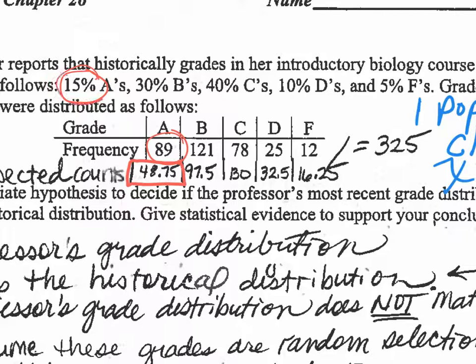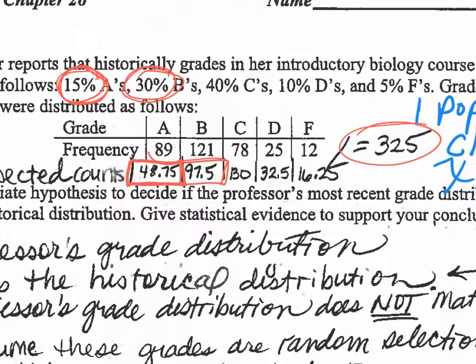It is supposed to be 15% of the total. So make sure you do 15% of 325. That's how you get 48.75. And then the next one is 30% of 325, and that's how you get 97.5.